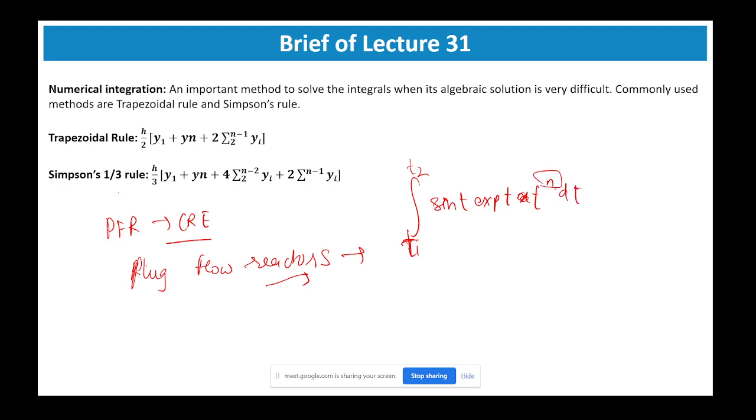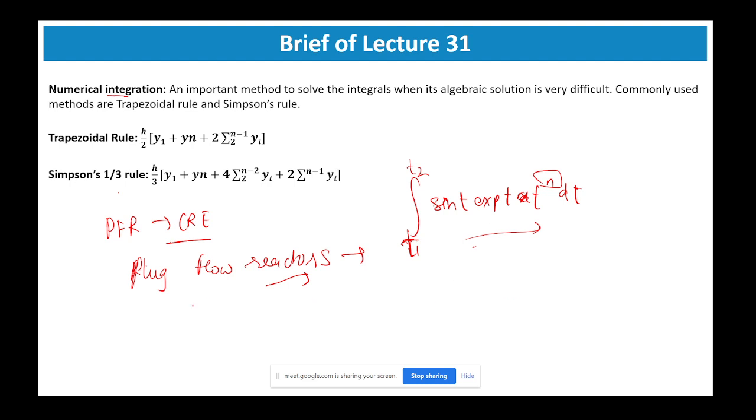Here n is a constant. So if you need to solve such a complicated integral equation, it is very difficult, or it might be time-consuming also. So what you do, you have one method which is known as numerical integration.